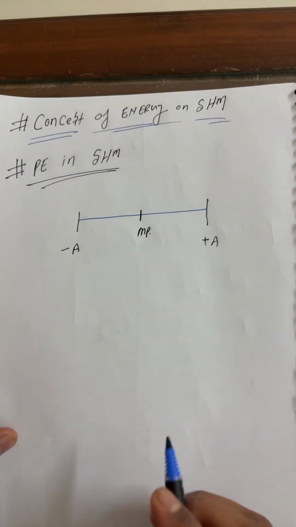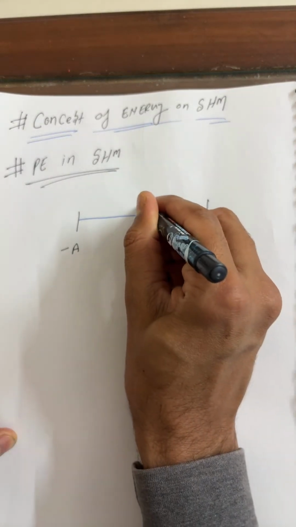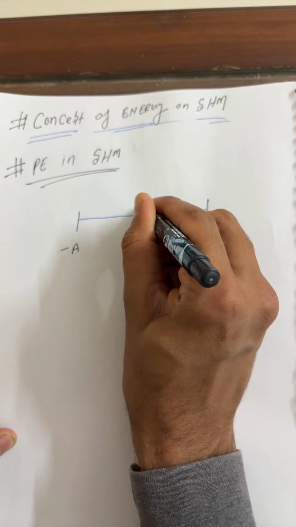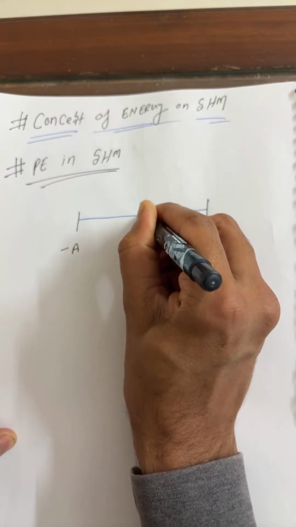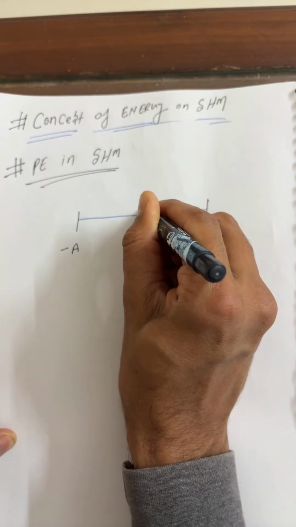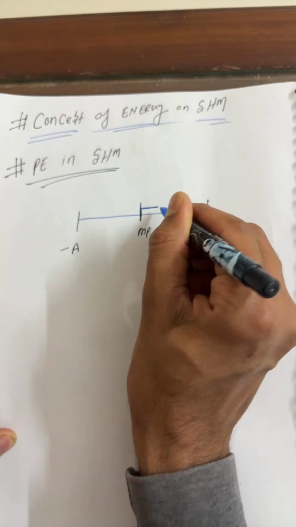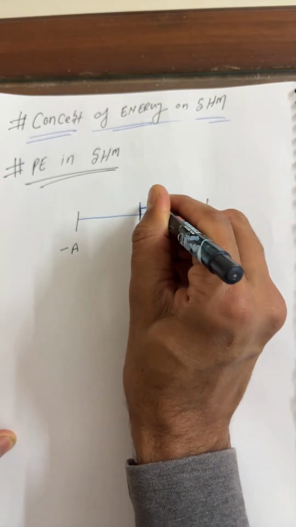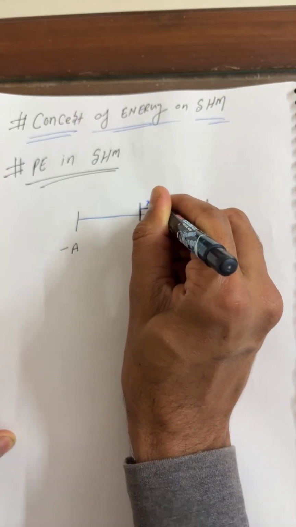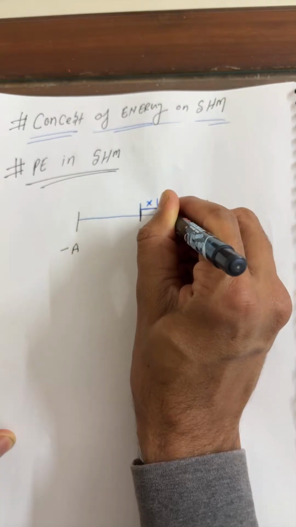Okay, so students, here I'm taking a few basic considerations. Let us say your particle is displaced by a distance x from the mean position.